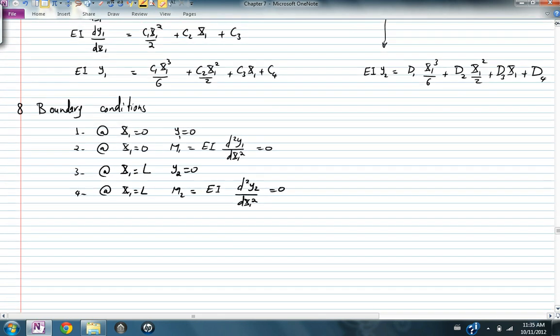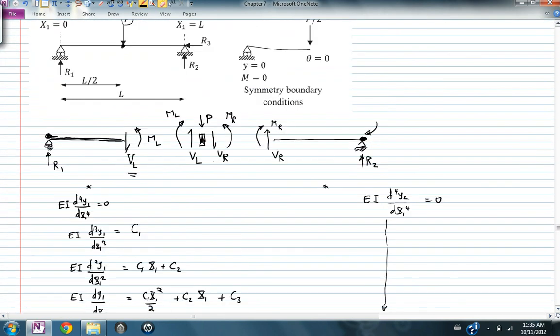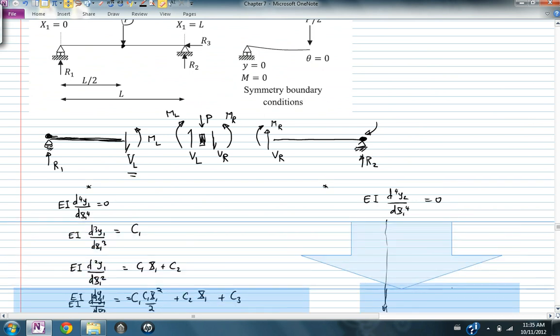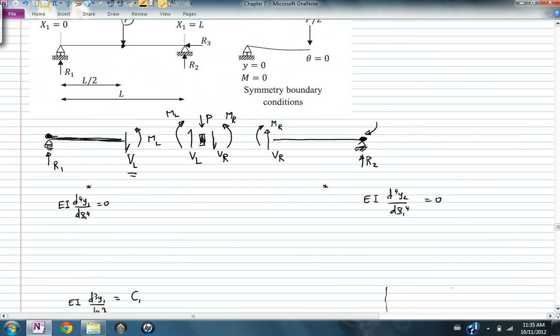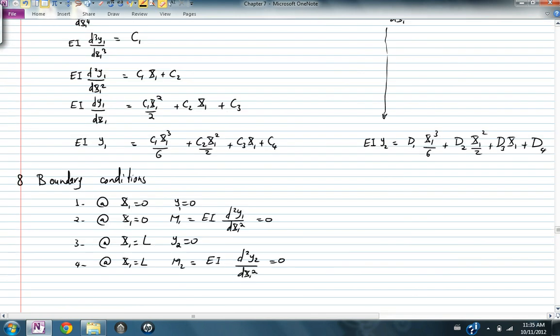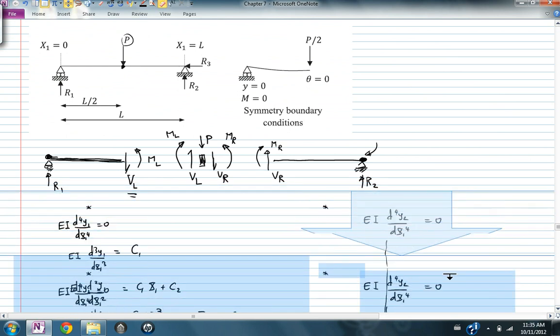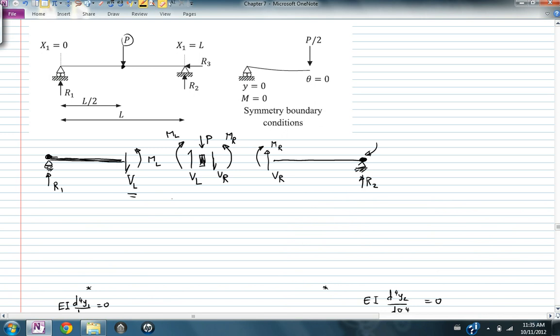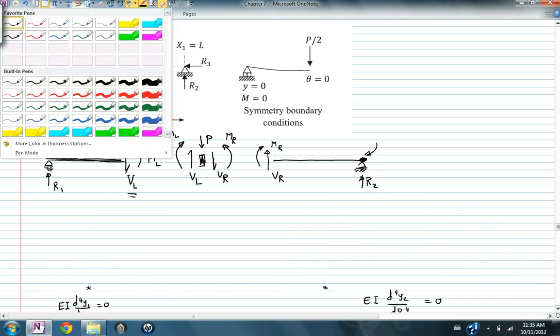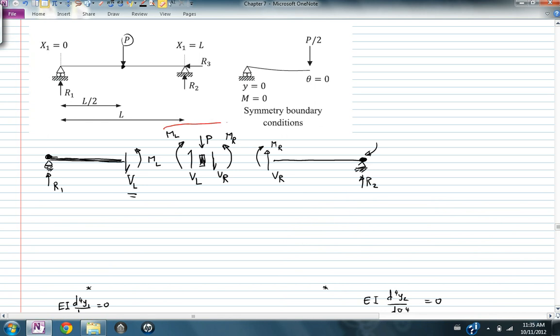I need 4 more. I'm going to utilize the conditions in the middle portion of the beam. The conditions of the middle portion of the beam are as follows. Looking at this area, you'll find that the moment on the left is equal to the moment on the right.